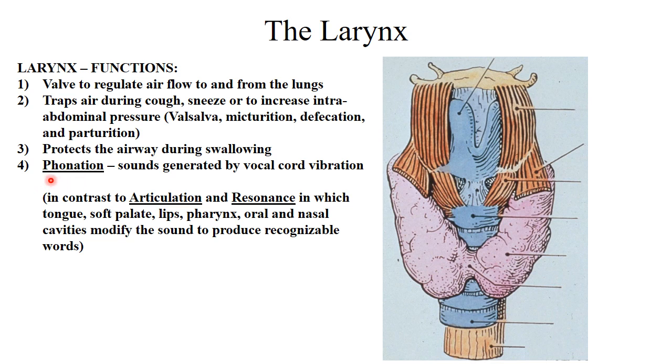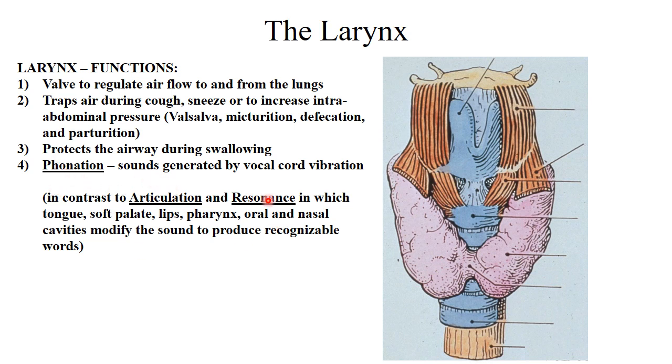More specifically, phonation is mediated by the larynx. Phonation is the part of speech that is generated by vocal cord vibration. The vocal cords are components of the larynx. They will vibrate as a part of speech. There are other components of speech that the larynx is not involved in, such as articulation and resonance, which involve all of this anatomy right here.